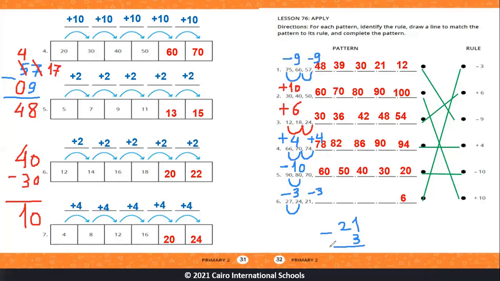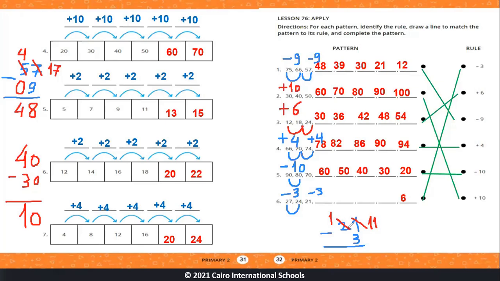Do you agree that I can subtract 3 from 1? Of course not. This is not right. So what are we going to do? We will go to the next number and knock, knock, knock. 2, can you please give me 1? 2 will say okay. So 2 becomes 1 and 1 becomes 11.